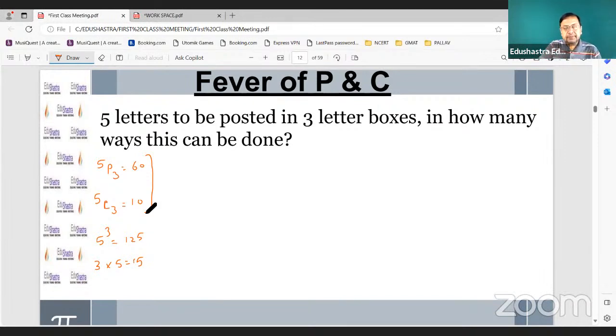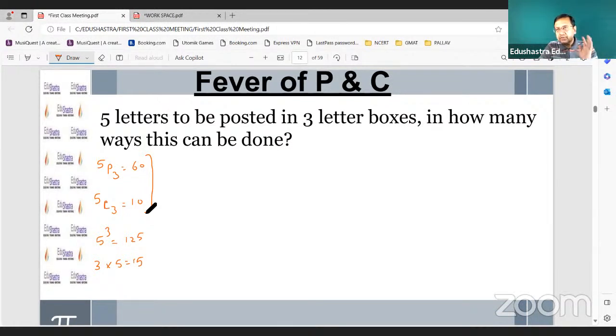5P3 or 5C3. Now take a simple example. Suppose you are celebrating your birthday and you have 5 Cadbury chocolates, and there are 3 of your friends, and you want to distribute the chocolate to them. But your 3 friends are asking for Munch, right? They are not taking Cadbury chocolate, they are asking for Munch.